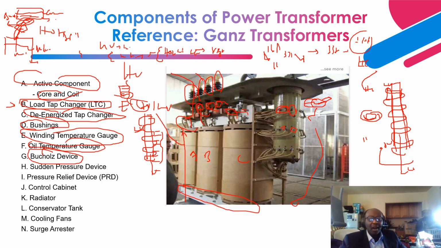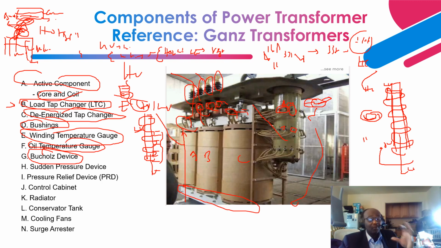That arcing will create basically acetylene gas, and this acetylene gas will start building up. They call it incipient. It starts building up, then it starts rising to the top and collects into a chamber inside the Buchholz device. Based on the volume of gassing, it basically creates a wave. It's rising up because gas is lighter.